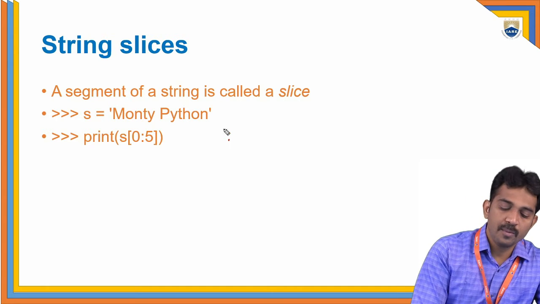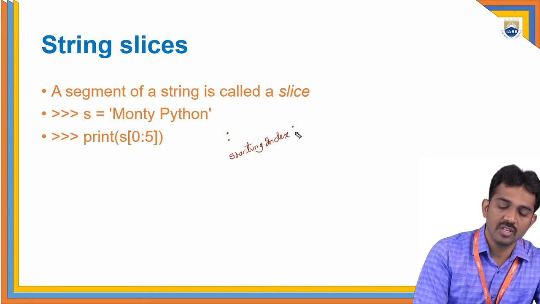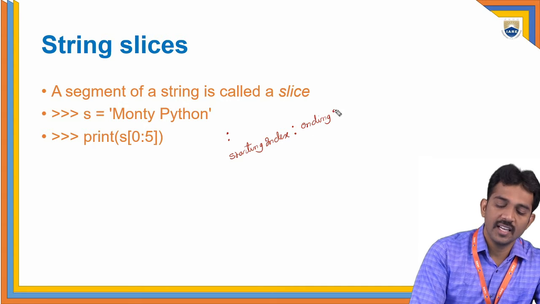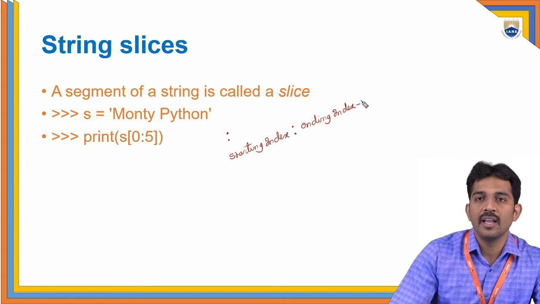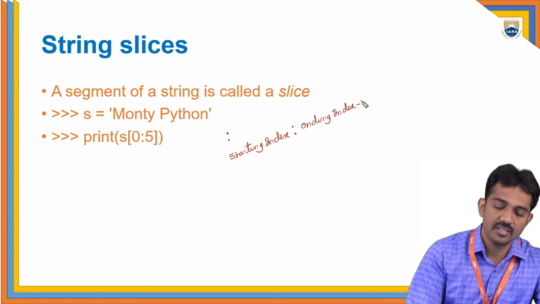The first part of the colon is the starting index. This is the formula generally used: starting index, colon, and ending index minus 1.